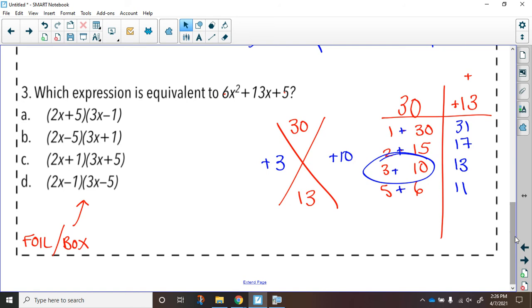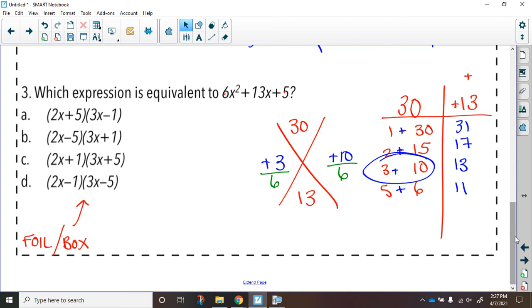And again, for this one, we need to put each of these numbers over our a value. So put 6 here and here. And if you can reduce this number, go ahead and do so.